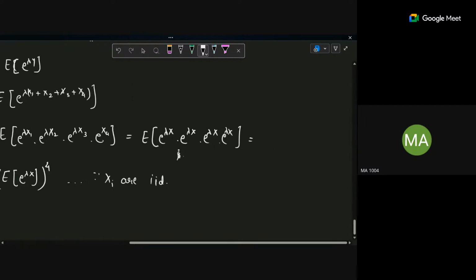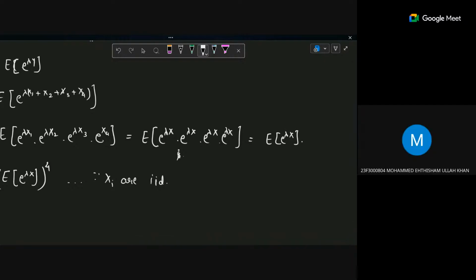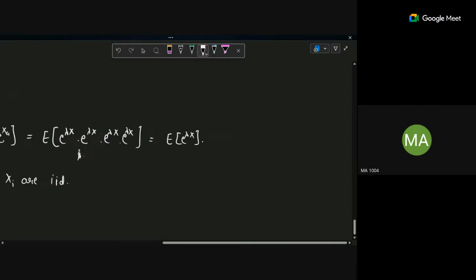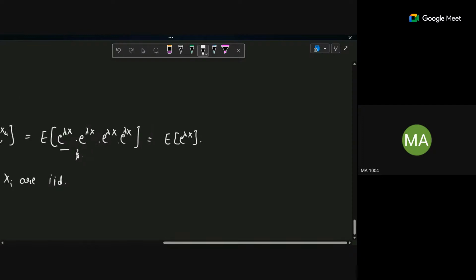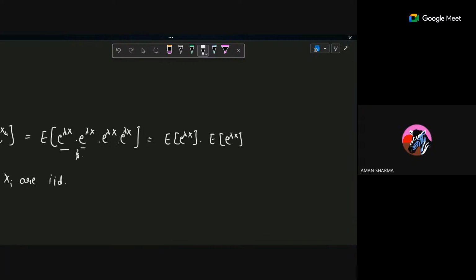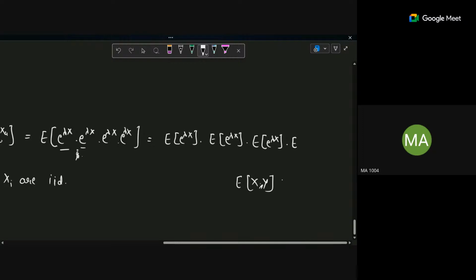Now they are independent also, so I can write the expectation, I can separate it now, right? Because all are independent. By the expectation theorem: if X and Y are independent, then expectation of X into Y is Ex into Ey. The same thing I have applied here.